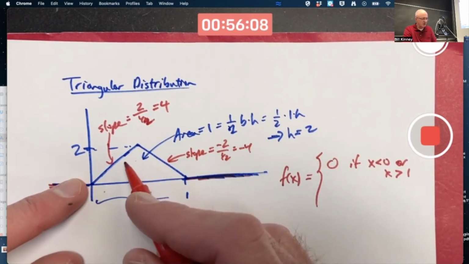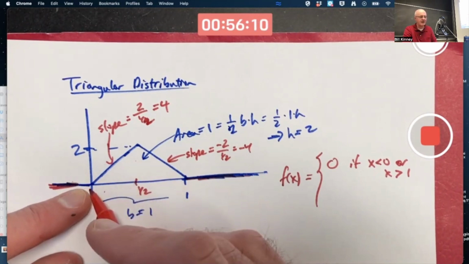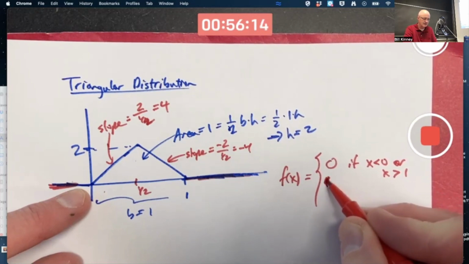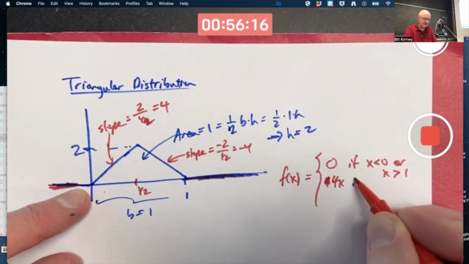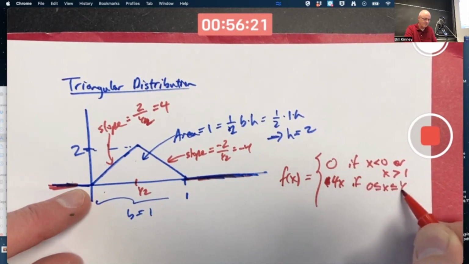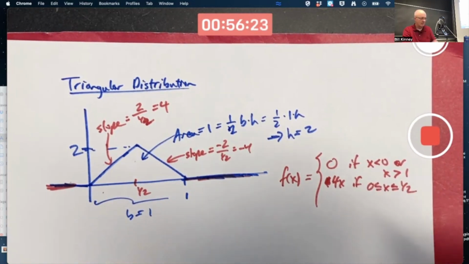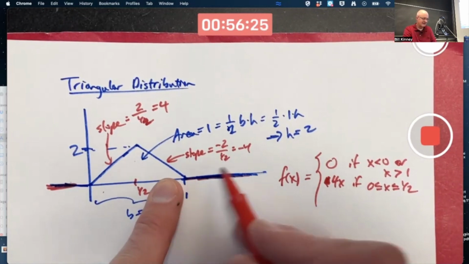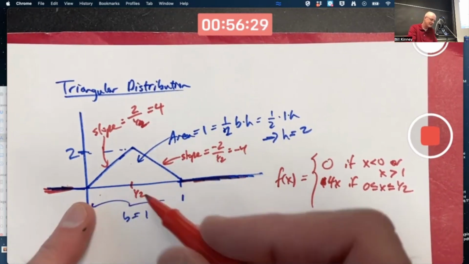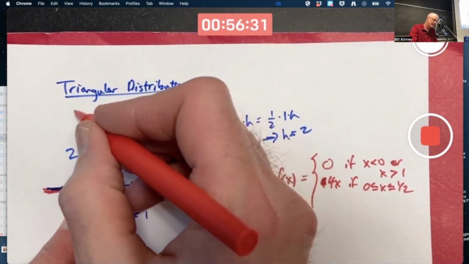If that one's got a slope of 4 and it goes to the origin, it's got a y-intercept of 0, so its equation's got to be 4x, if x is between 0 and 1/2. This one has a slope of -4, but the equation's not -4x because its y-intercept is higher.